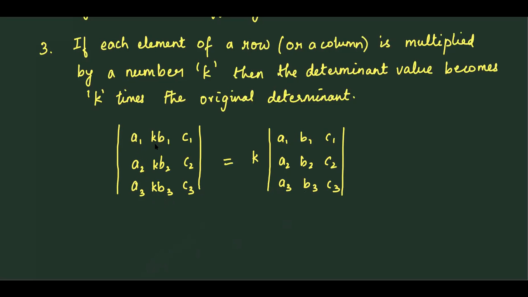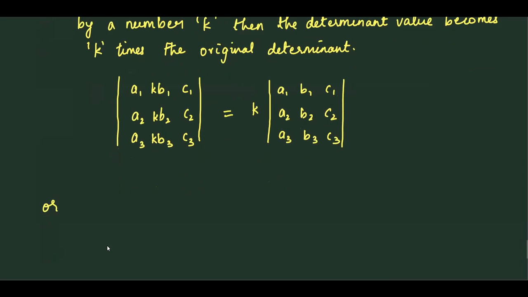Cofactors remain the same, just that B1, B2, B3 are multiplied with k. So you will get k. It's common logic, a very simple logic, not a difficult one.